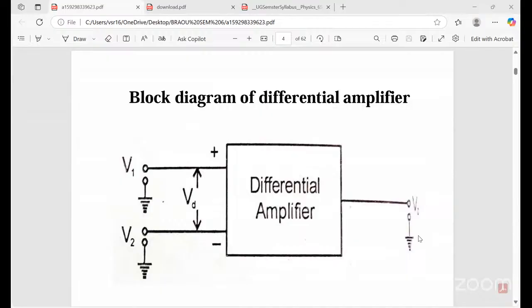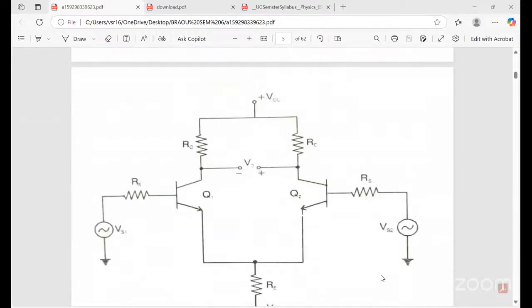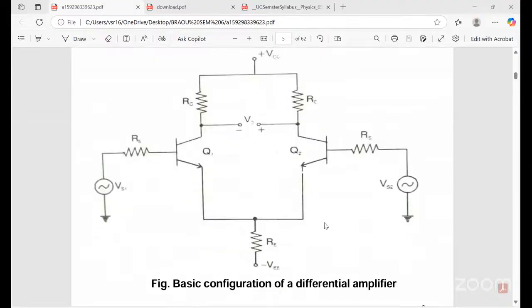This is grounded, this is also grounded. V0 is always proportional to V1 minus V2. What is V1 minus V2? It is nothing but VD, the differential voltage.